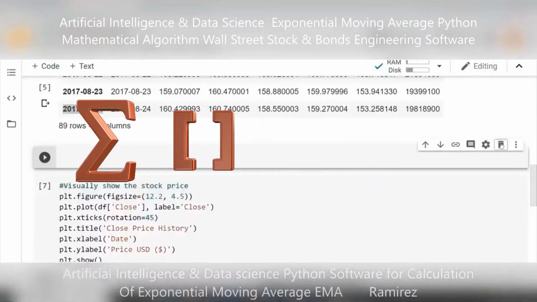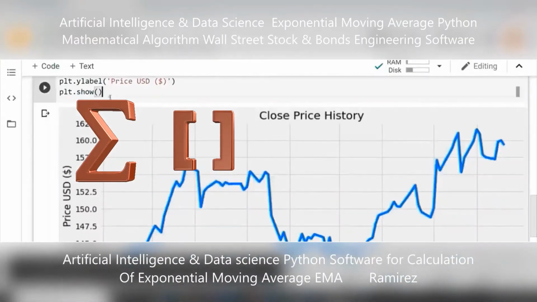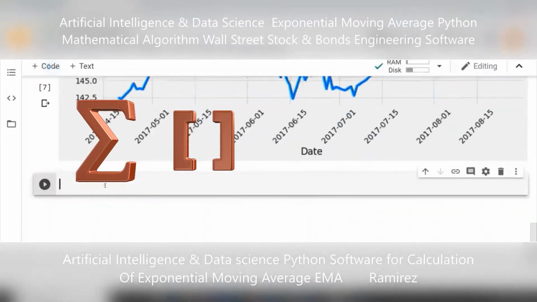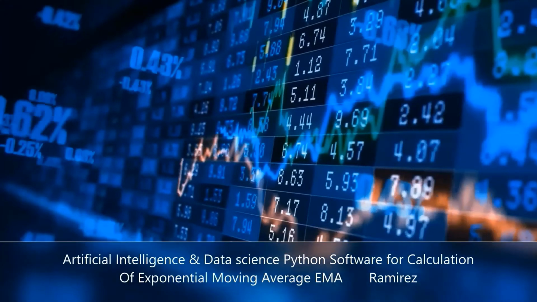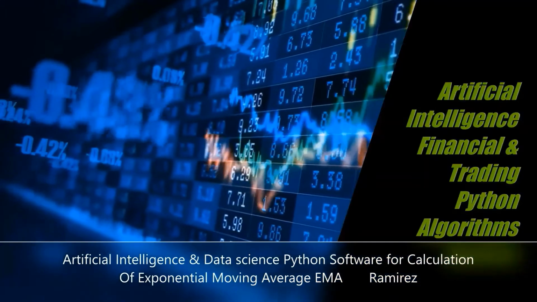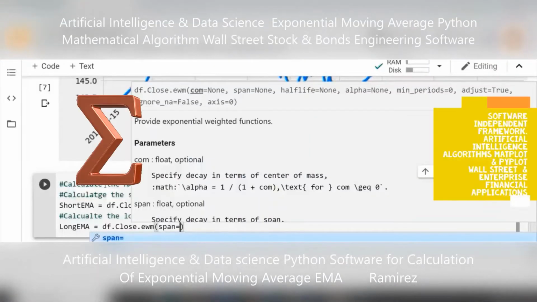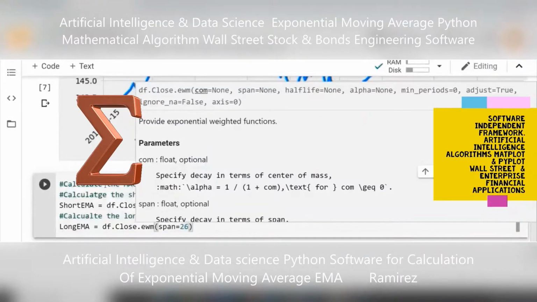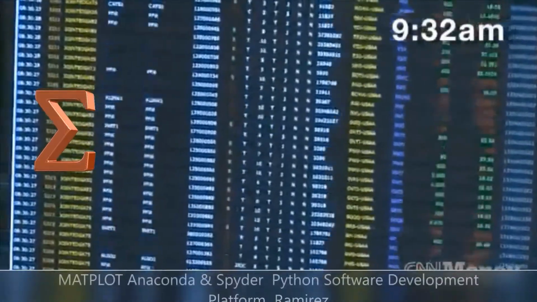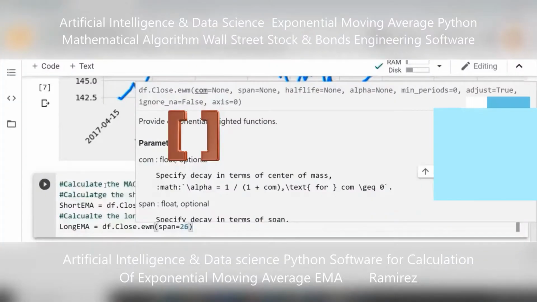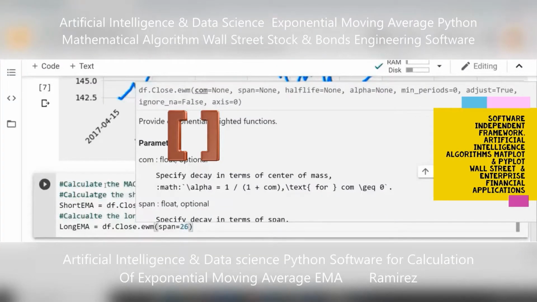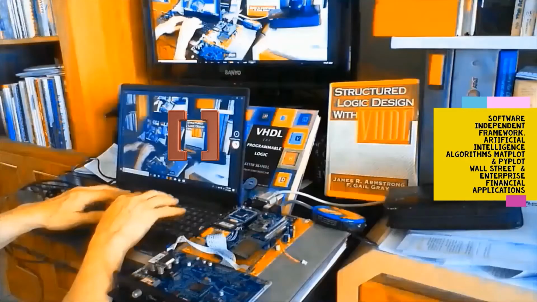Artificial intelligence and data science technologies for solutions in Wall Street software written in Python. Moving average convergence divergence crossover.